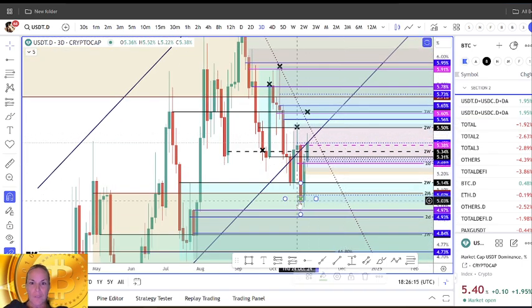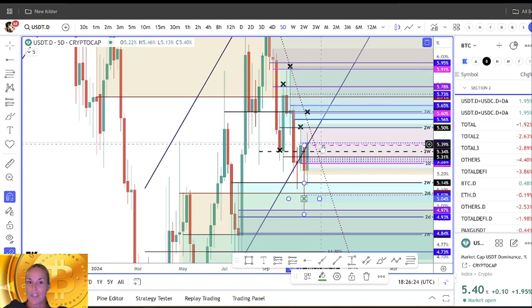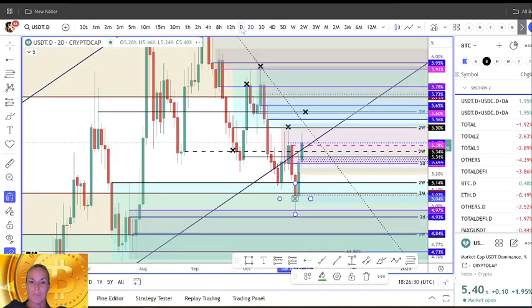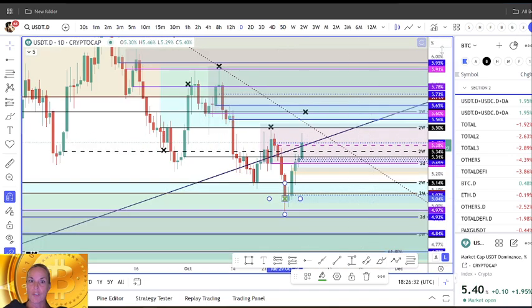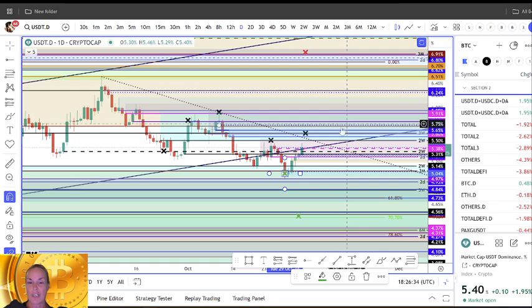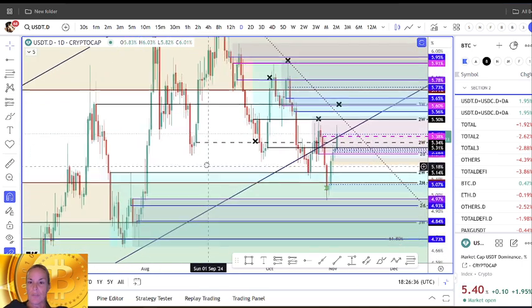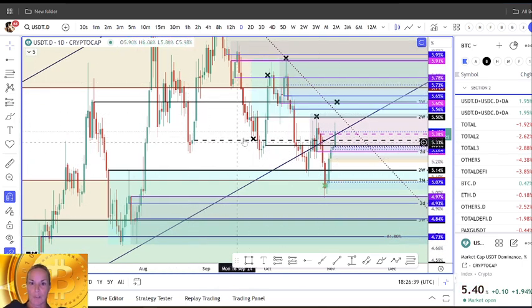We had a good bounce off this low here. I'm looking now for a reaction on this 5 day, and also if we can create a 5 day demand in here. It's still 2 days to the close, but if we get a close above there, then we'll get some decent support, potentially for more of a push higher, and even potentially up into this 3 month. So obviously, I'm bullish on US dollar dominance for the time being.